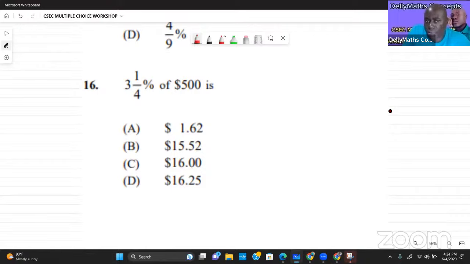You can look at 3 and a quarter, as in, remember, quarter is 0.25. So this is 3.25 over 100, right? And you can multiply this by 500.